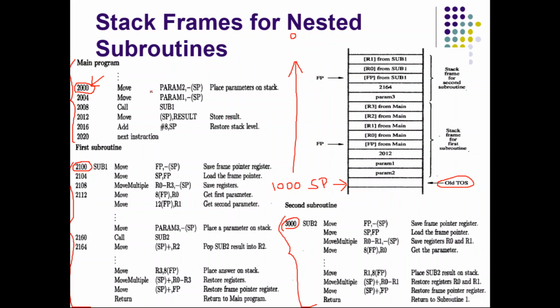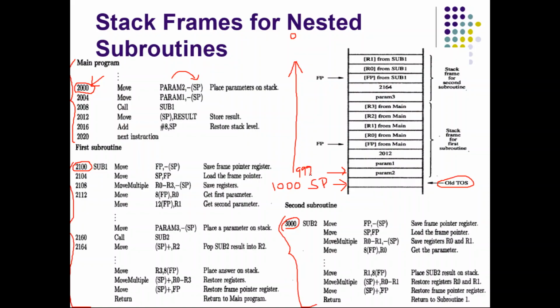Then this main program wants to pass two parameters to the subroutine, so first it pushes these two parameters into the stack. Move parameter 2 to minus SP, that is, it is pre-decrementing and then pushing. So first the stack pointer is decremented and then parameter 2 is stored in location 9996.